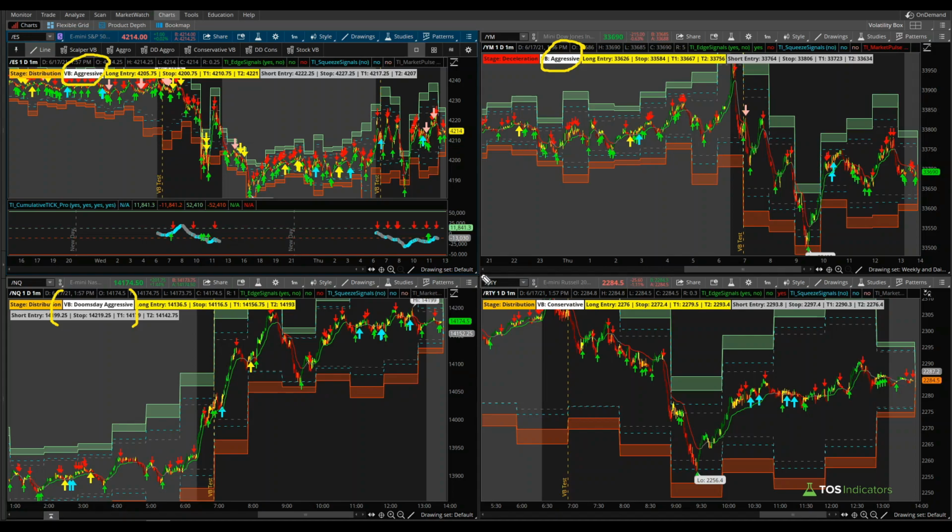And then finally, the Russell had broken outside of its Doomsday Aggressive models most recently, and that took us to the conservative headed into the 9:30 zone. So in terms of where we were most cautious, that was the Russell futures market, then the Nasdaq second most cautious, and then finally the S&P and the Dow we were the most aggressive on, looking to try and buy dips. Now let's take a look to see what actually ended up happening.